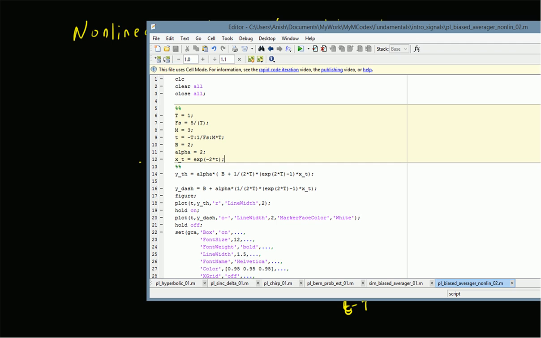Then we have the parameter alpha and the bias b, assumed to be 2. Once we have all the constants and the time vector, we generate the signal x(t) as exponential of minus 2t. We compute the theoretical output alpha times y(t), and then y'(t), which is b plus alpha times the average of the signal over a length of time T.